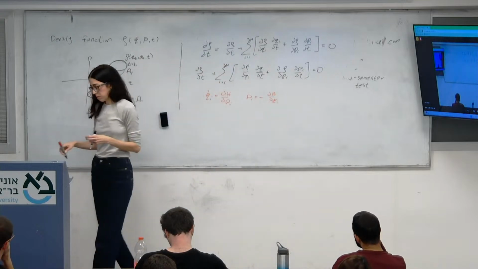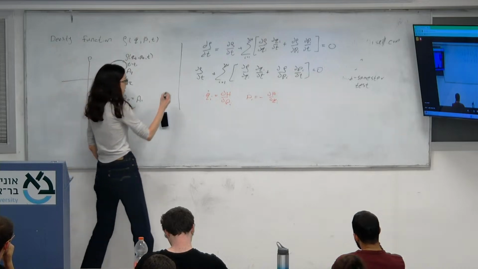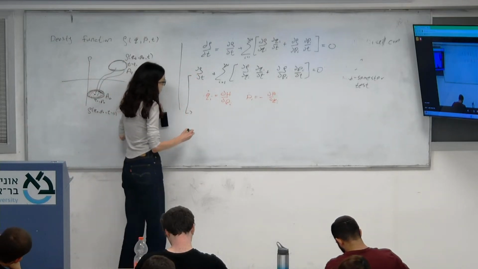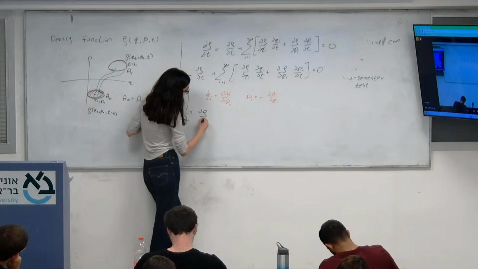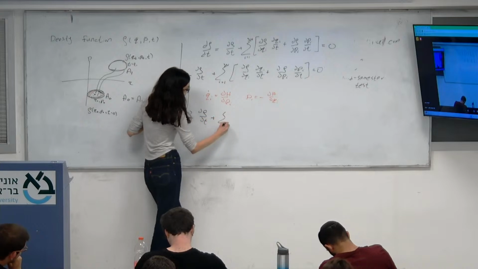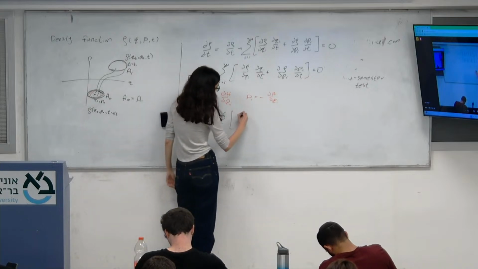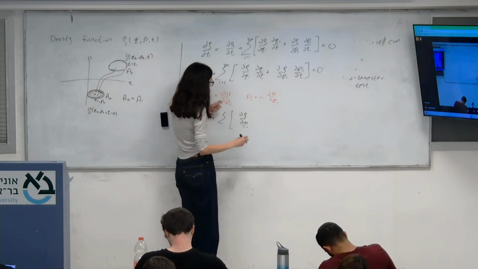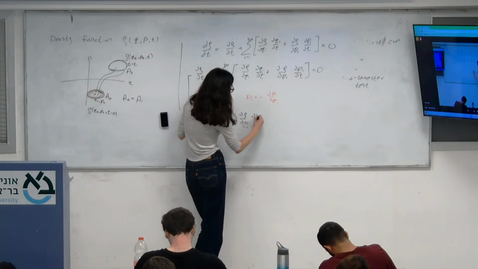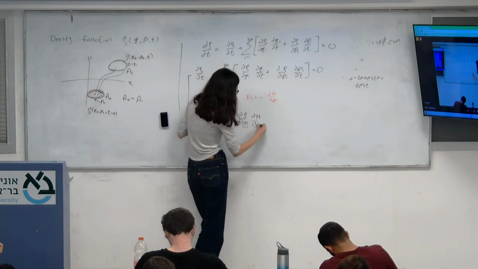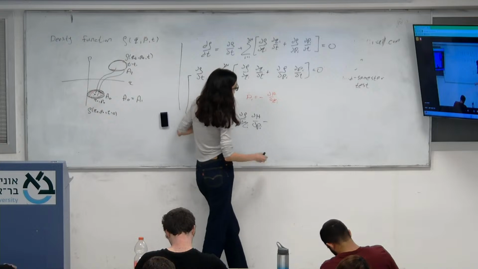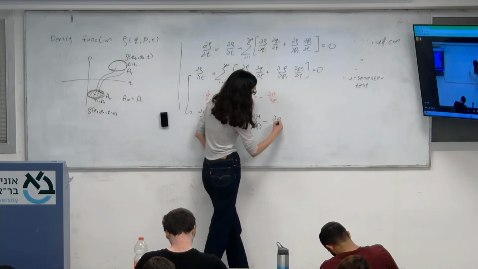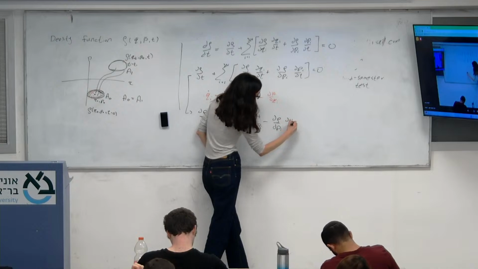So we can rewrite that as d rho dt plus d rho dq times dh dp, minus d rho dp times dh dq.